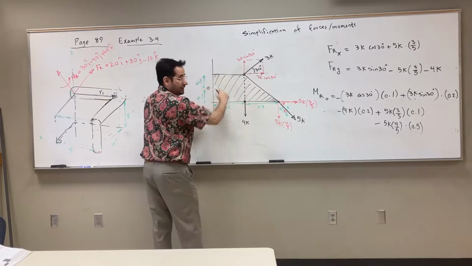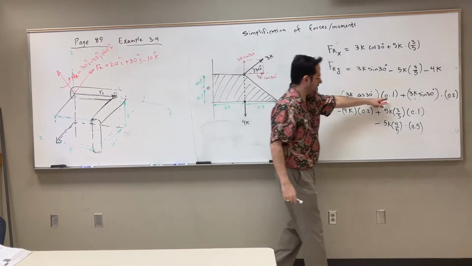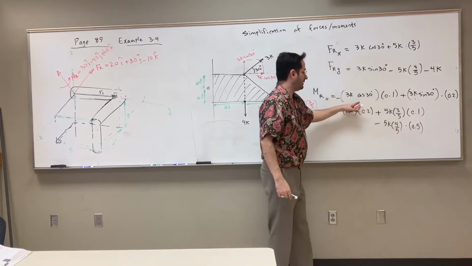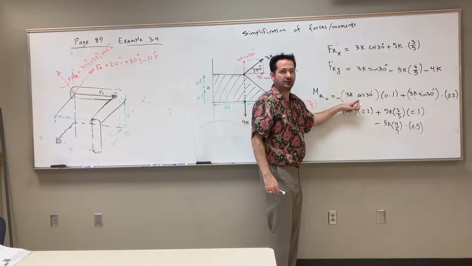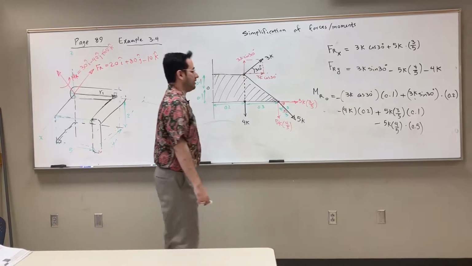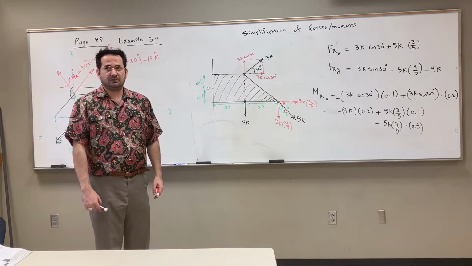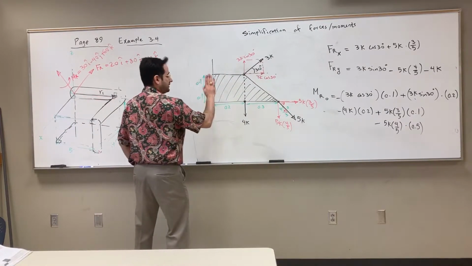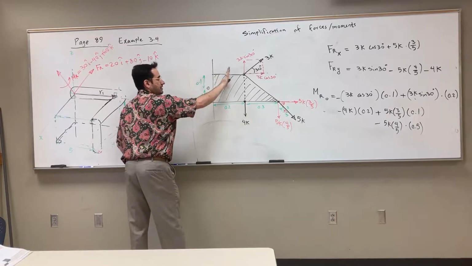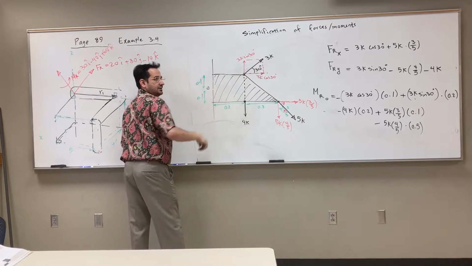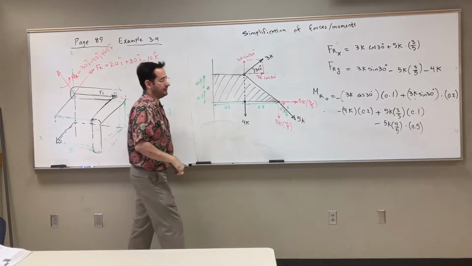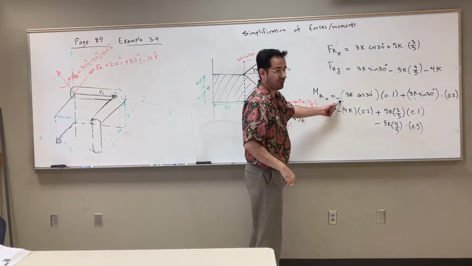From here to here, 0.1 times the value of the component, 3k cosine 30. Positive or negative? Using your right hand, r cross F, it's negative. See, I have a negative sign here.